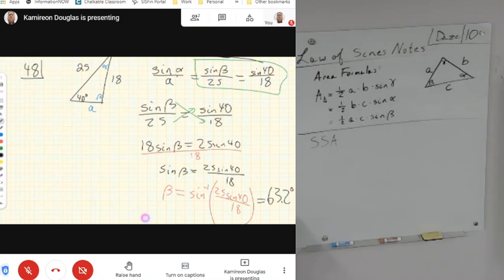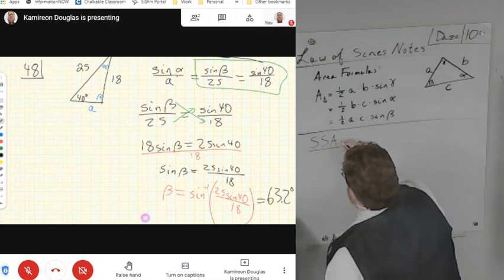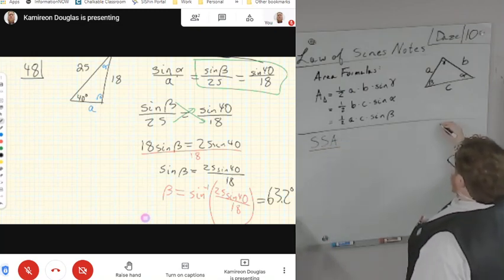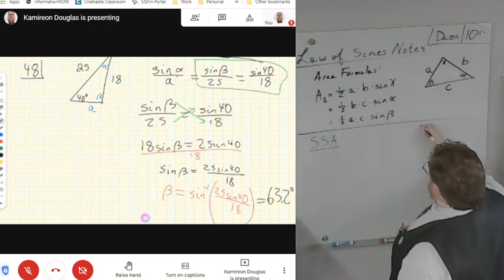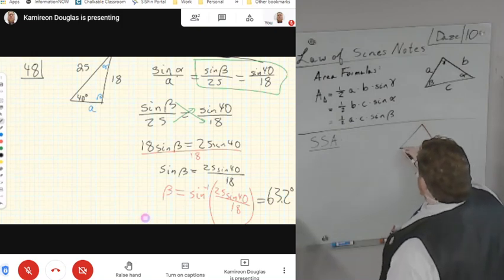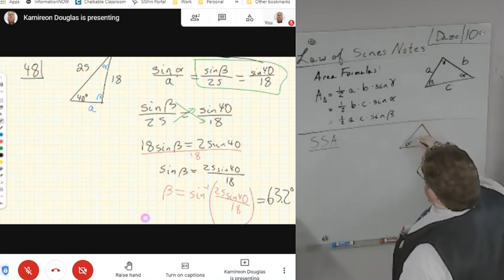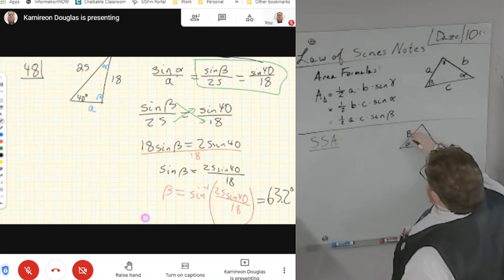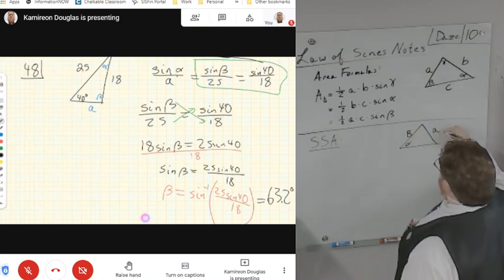It is possible you get more than one solution. So how do you find the other solution? Well, let's note what the picture looks like. This picture has a couple different versions. So here's my angle, here's my side, here's my side.